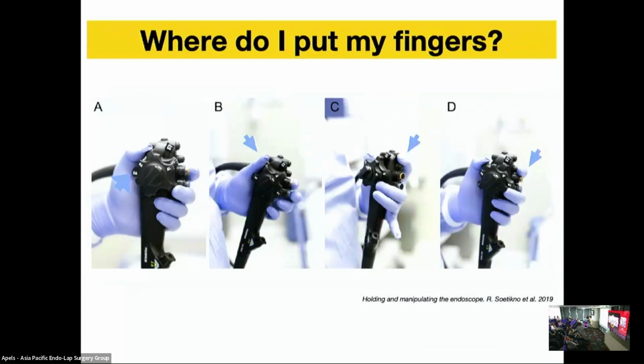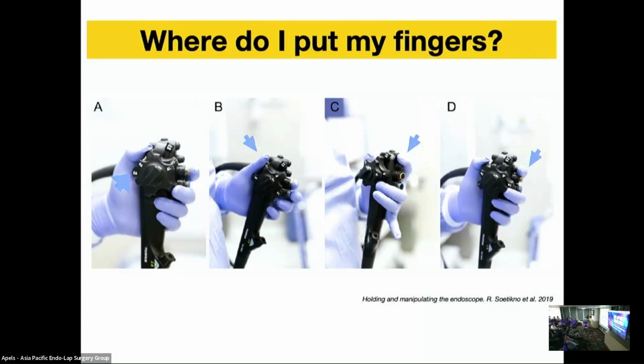So where do you put your fingers? As was discussed earlier by Dr. Sarmiento, personally I use three fingers holding the body so that my index finger and my thumb are free. I have a small hand, so I use my thumb to manipulate the big wheel for up and down, and the middle finger helps the thumb with the big wheel. The small wheel is used for right and left.